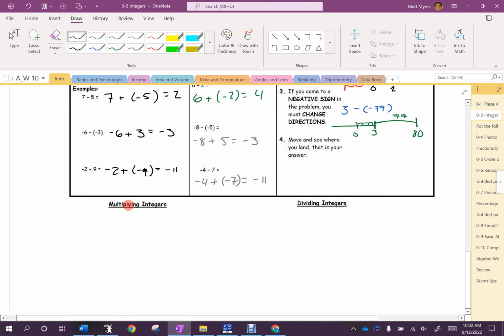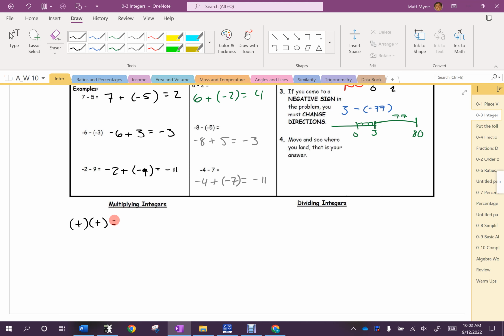So if I'm going to multiply integers, what happens if I multiply a positive number by a positive number? What will I get? Remember, math never changes. What's 2 times 3? It's 6.